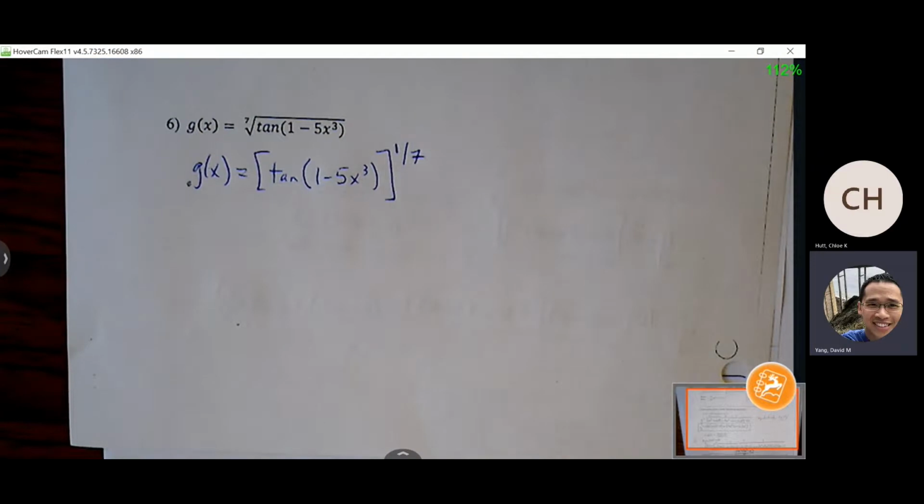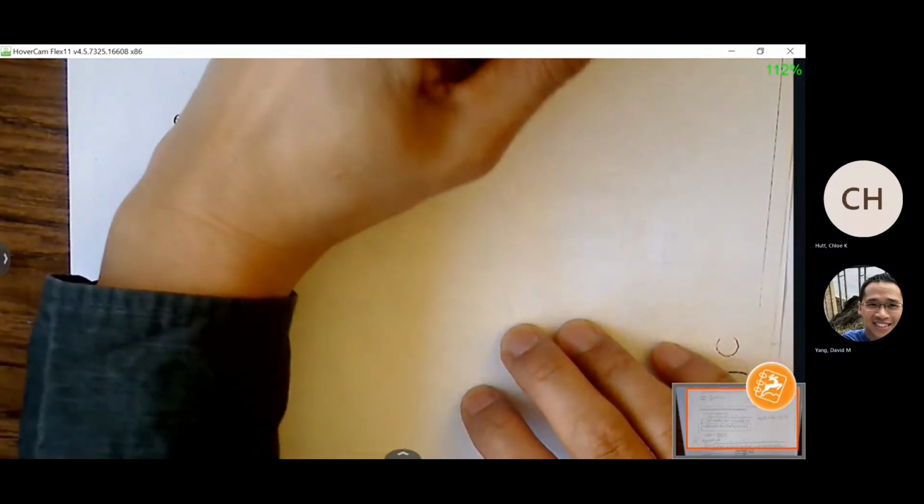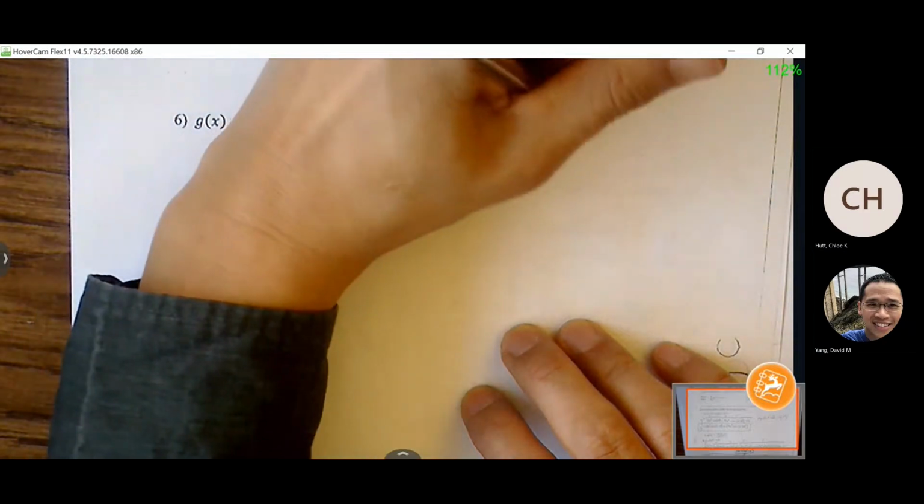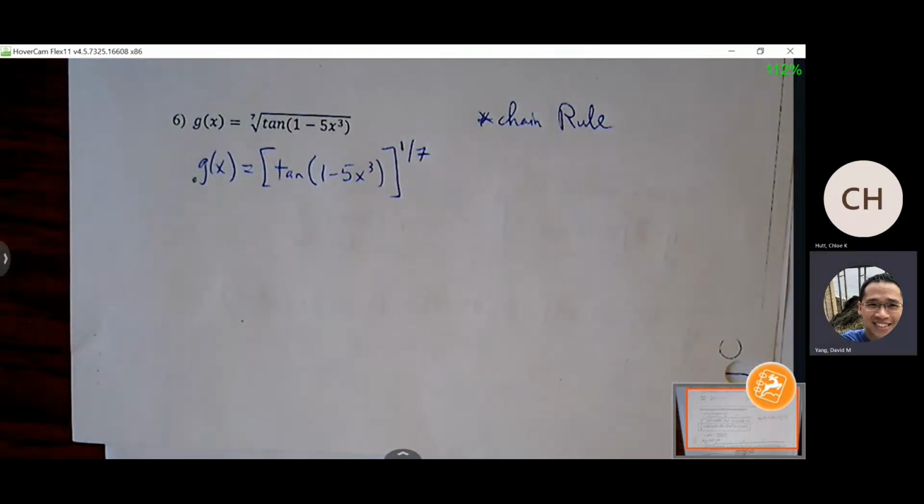Outside, inside, inner, chain rule. Okay. I have a number 7 and number 8. It's not on the sheet. I'll go ahead and put that up in a second.